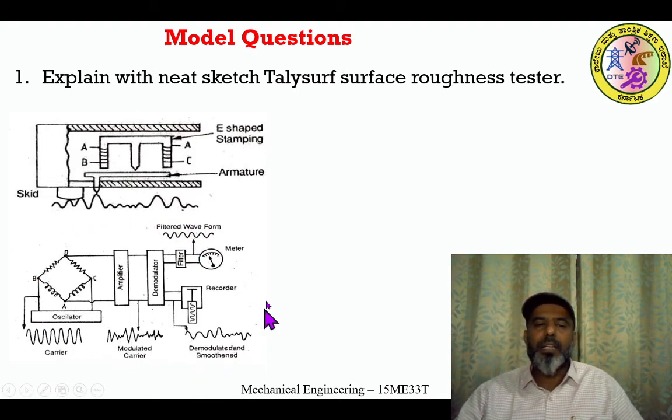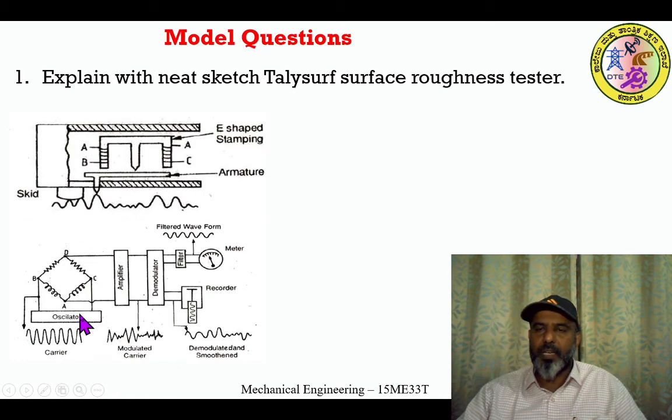Now coming to the electrical circuit, these two coils AB and AC are connected with two resistors CD and BD. This combination of two coils with two resistors is called the oscillator. This oscillator generates signals, called the carrier.